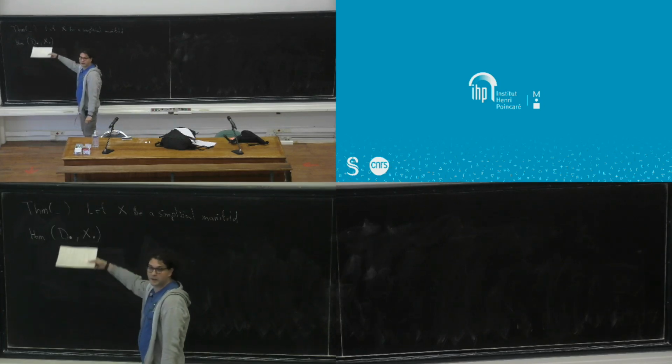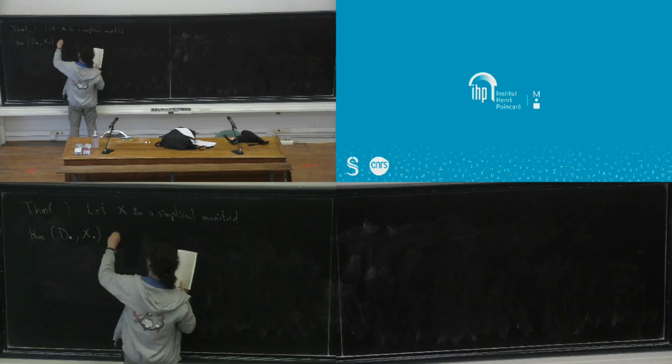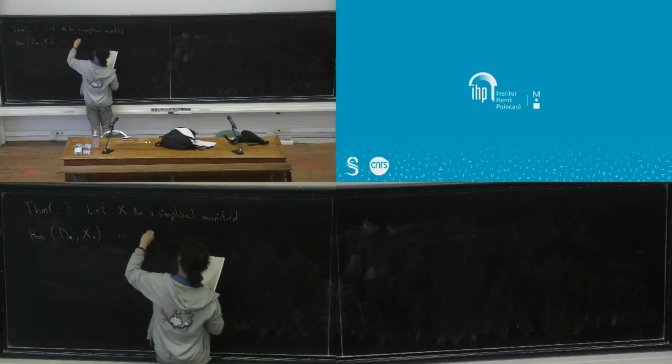And this is a functor, and now the statement is this functor is actually isomorphic to something. So it is representable.